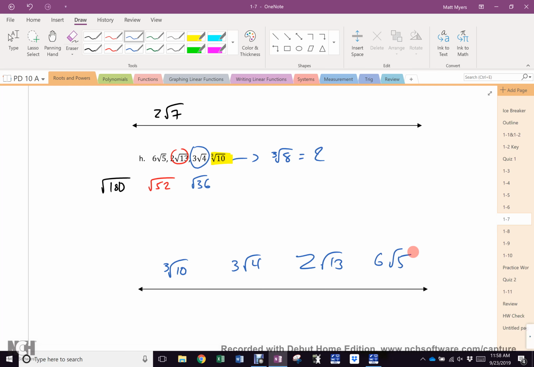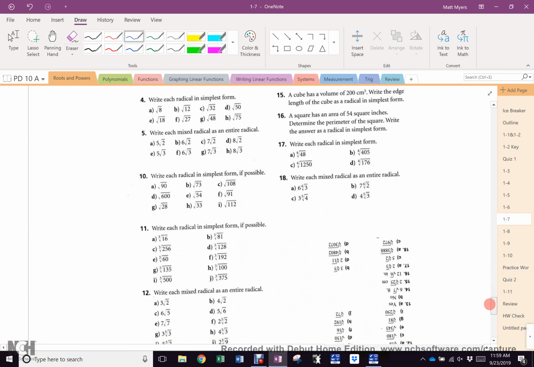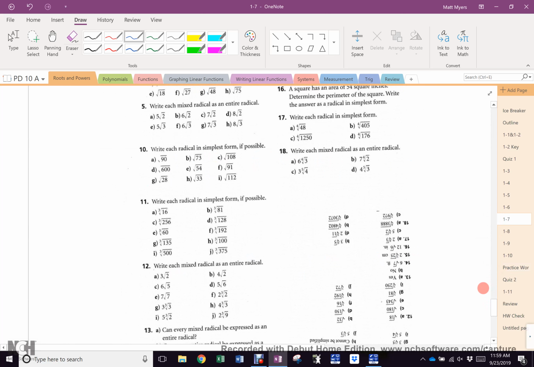Now, everybody needs to be honest with themselves. It is absolutely key that you are honest with yourself right now. If you cannot simplify radicals, you are in trouble for the next 4 lessons. So, you will notice that I have provided you with another whole page of practice with answers. You need only do them if you need the practice.